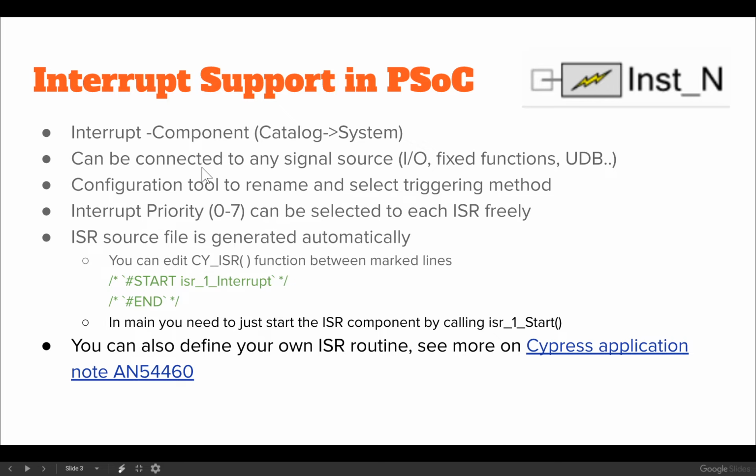It looks like a function, but actually there are two lines, start and end, so you can edit your own functionality for this interrupt service routine there. Then what you need to do to get this interrupt service routine running is call a function which starts that interrupt.